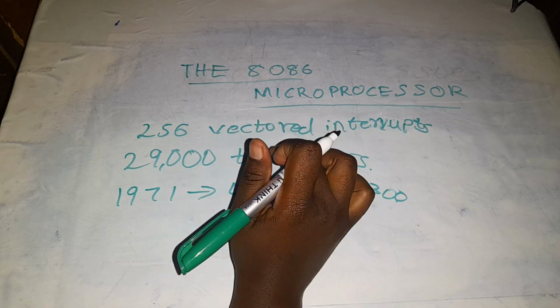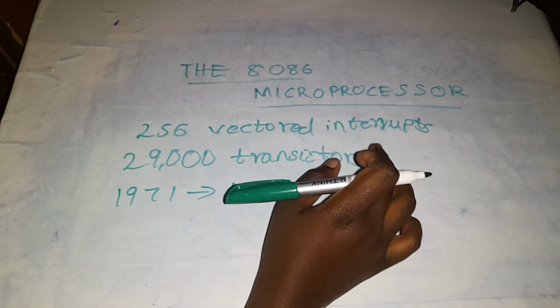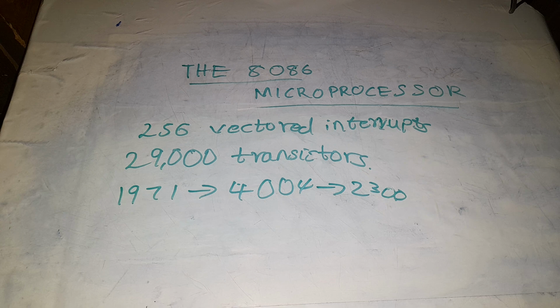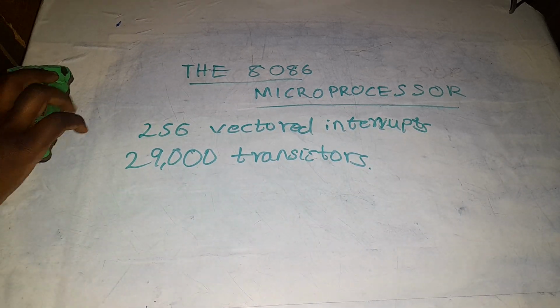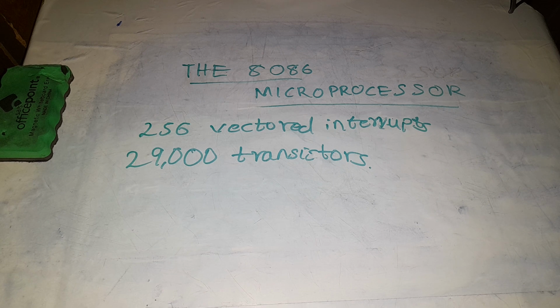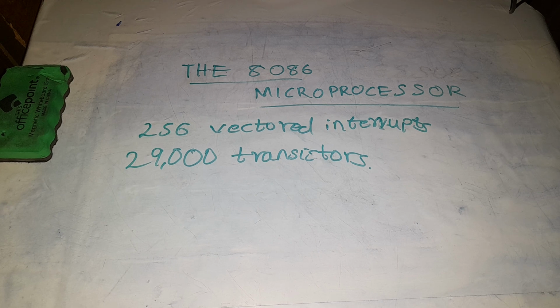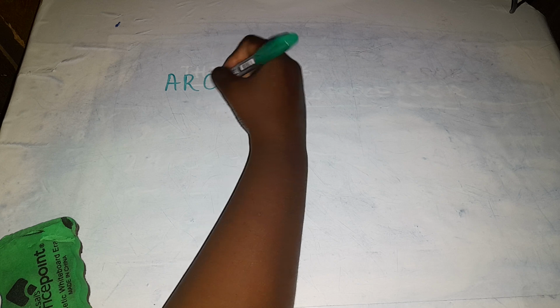This was in the tens of thousands. So our 8086 microprocessor has 29,000 transistors.